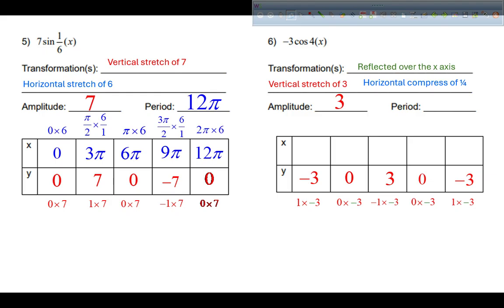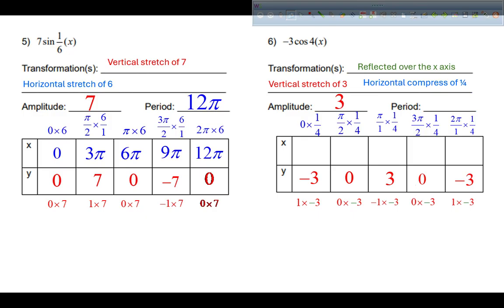All right, so for those vertical values at the bottom there, I took the original cosines, 1, 0, negative 1, 0, 1, and I multiplied them by the stretch and the reflection. Now for the x values, because it's compressing, I need to multiply them all by 1/4. So I'm taking the original x values and multiplying them by 1/4.